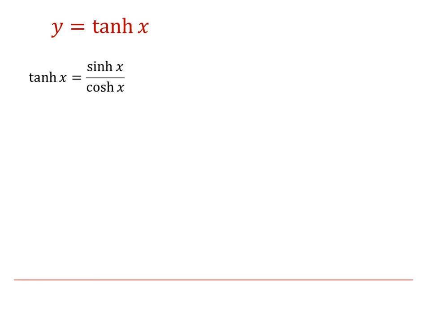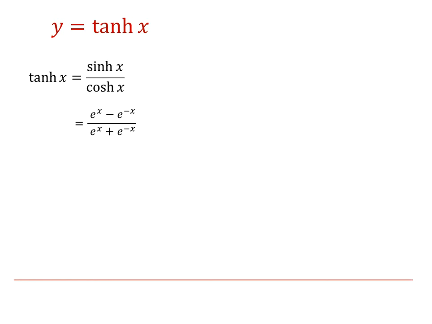And of course, if we use our exponential functions there, the halves cancel out, so sinh is e to the x minus e to the minus x over 2, and cosh is e to the x plus e to the minus x over 2. So the 2's cancel out, and we get the following. So tanh x is e to the x minus e to the minus x divided by e to the x plus e to the minus x.